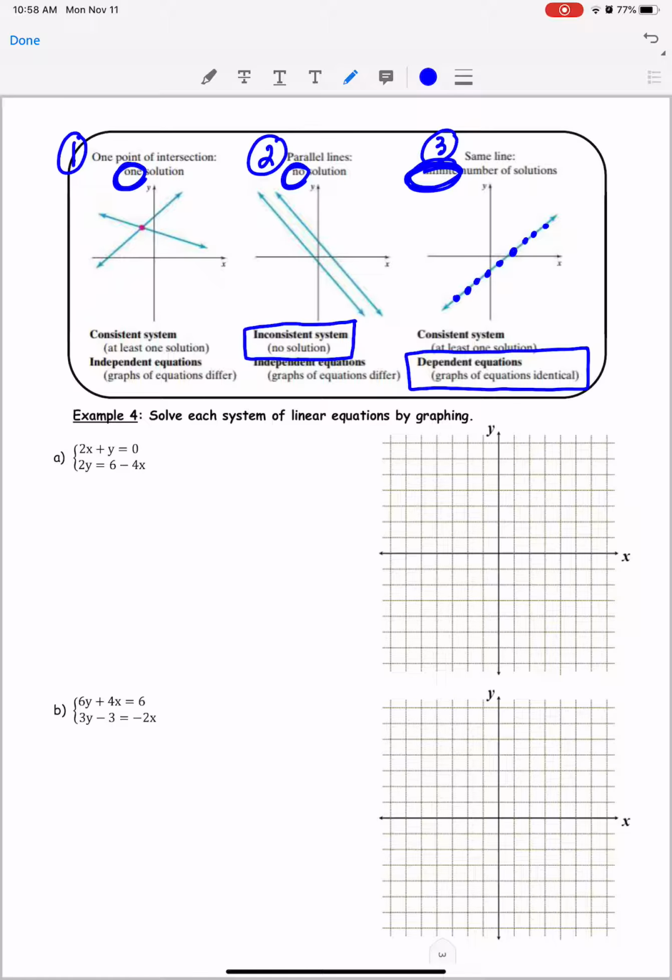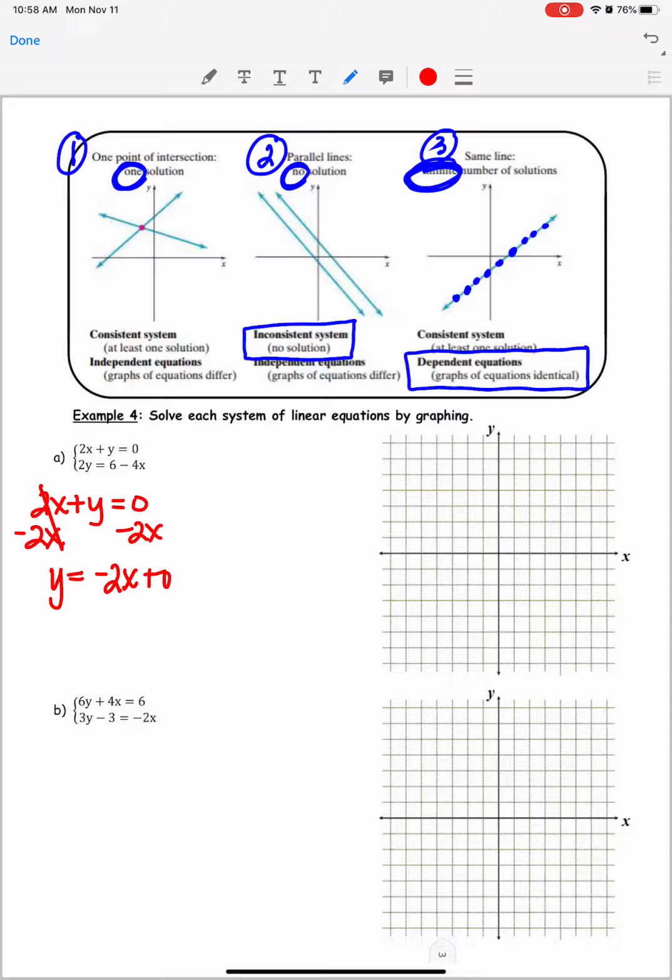Example 4 says solve each system of linear equations by graphing. So this first one here, we've got 2x plus y equals 0. This is not in slope-intercept form, so I need to solve this for y. I'm going to move my x term over, so I've got y equals negative 2x.